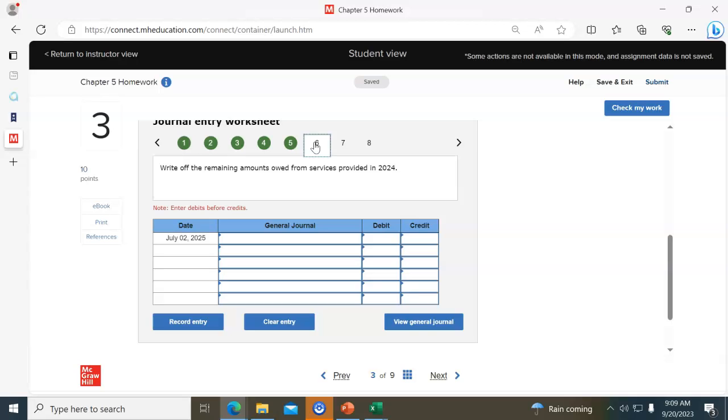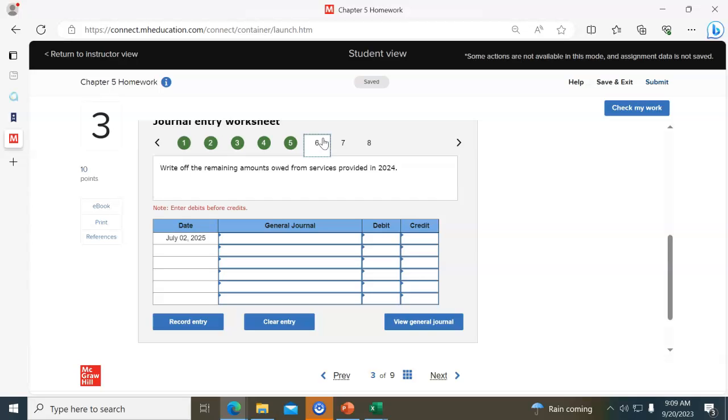So we started with 41,000. We collected 25, then we collected another 10. That's 35, right? So how much are we going to write off?